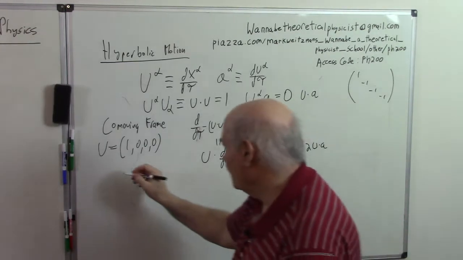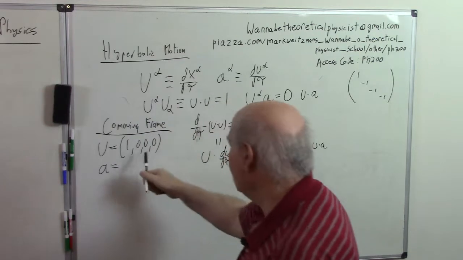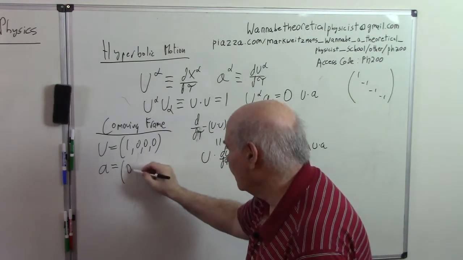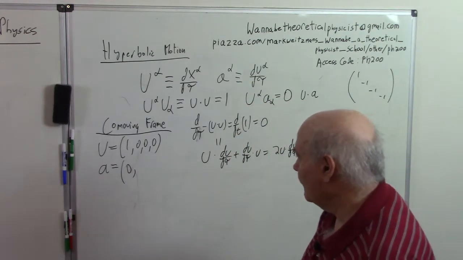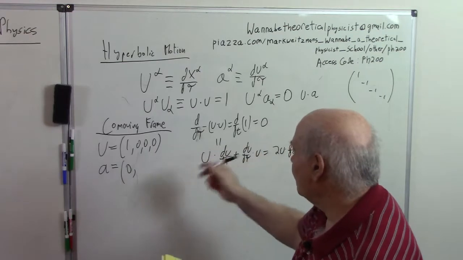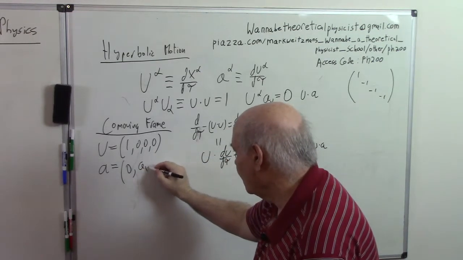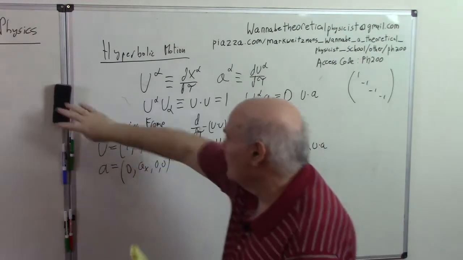So a in a co-moving reference frame has to be orthogonal to this, so the first component has to be equal to 0. And if we're working in one dimension in x, the y and z components will be 0, and we'll call the x component g.